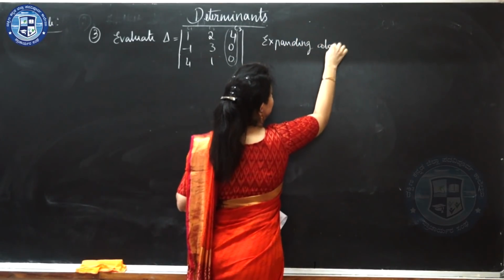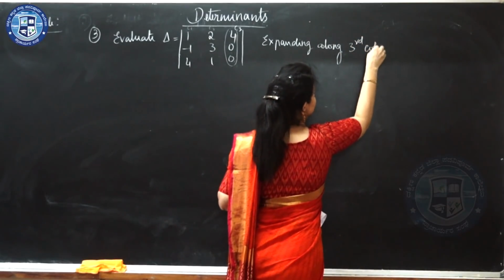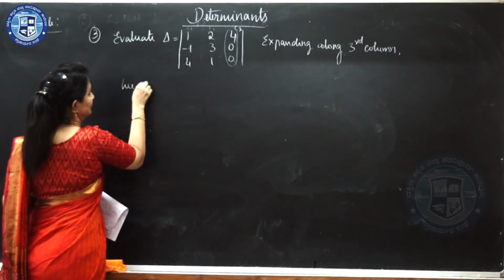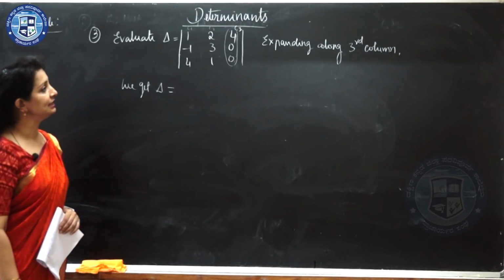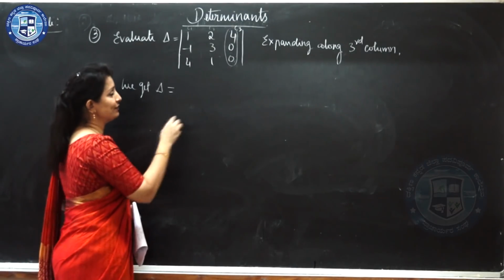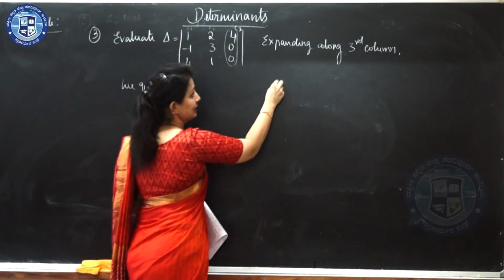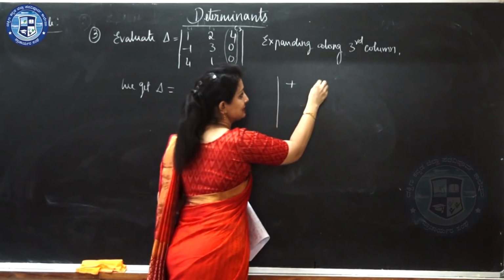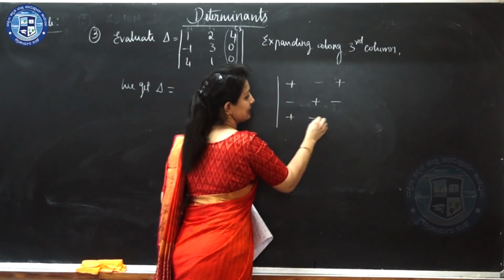So expand the determinant along the third column. What do we get? Delta is equal to the third column elements. First write the signs. Which pattern do you need to apply? Plus, minus, plus, minus, plus, minus, plus, minus, plus.